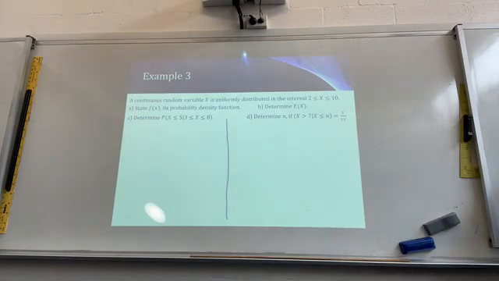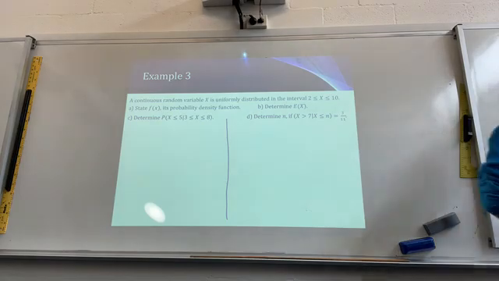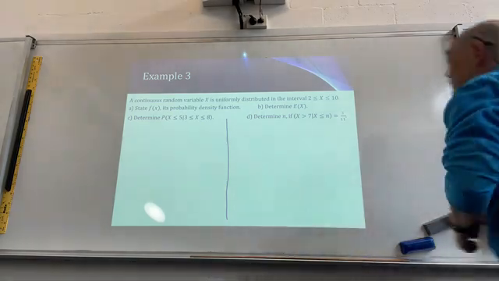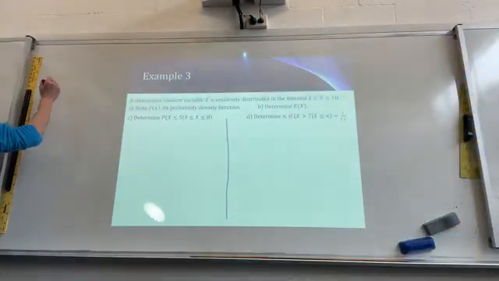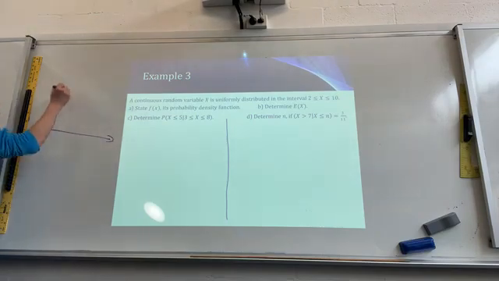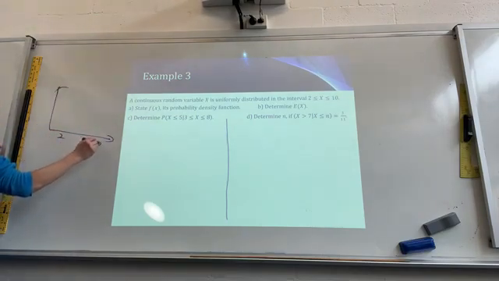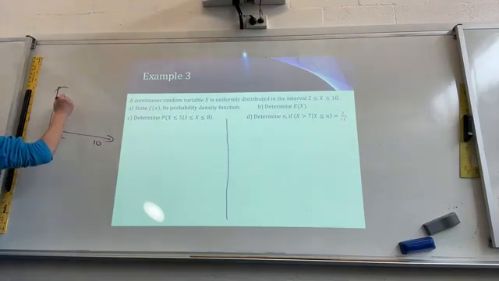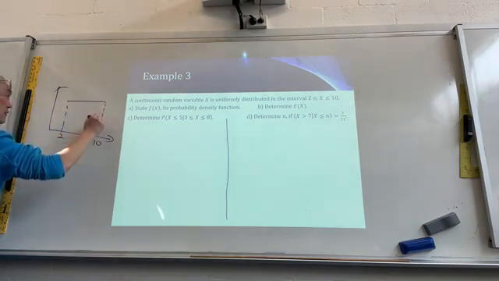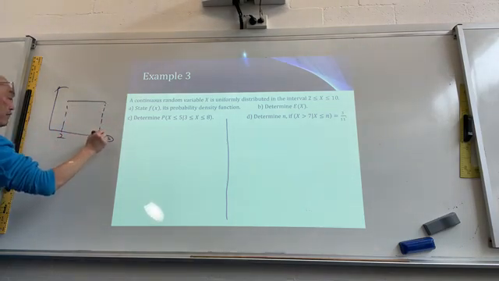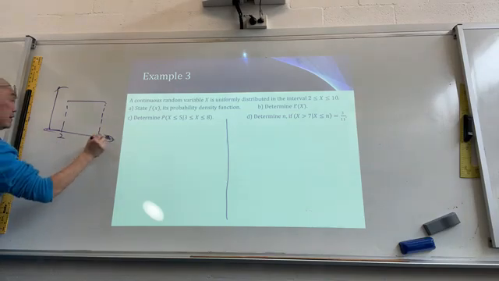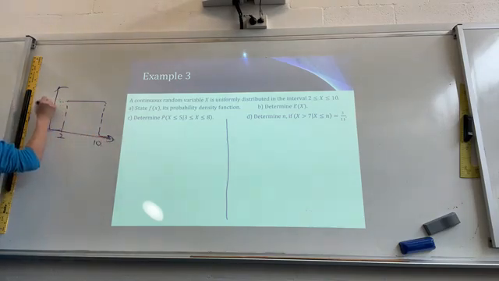You know that this is going to look like this, right? 2 and 10, and anything after that is 0. So you know this is k. You need to find k first before you do anything else.